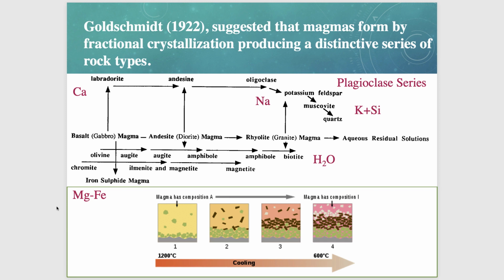In terms of crystallization, here you have an example very similar to the magmatic chambers I presented earlier, in which we have 4 phases of cooling. We go from 1200 degrees down to 600 degrees, and we have essentially precipitation of olivine.